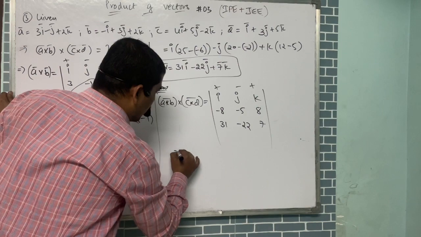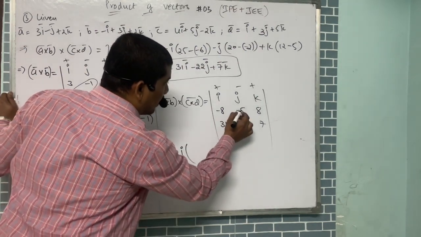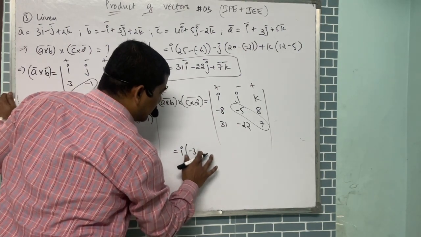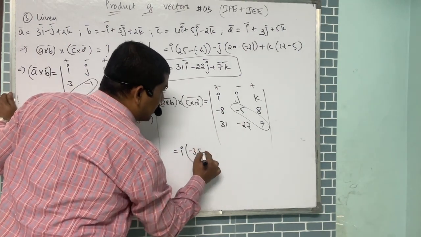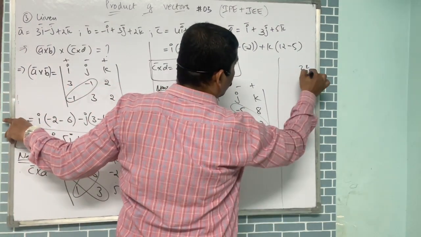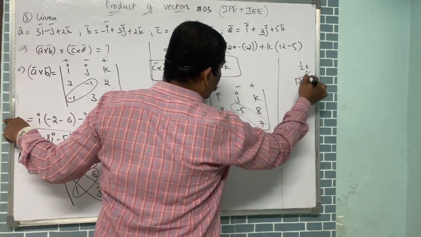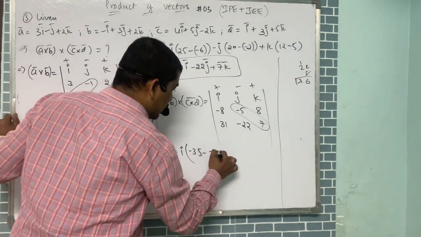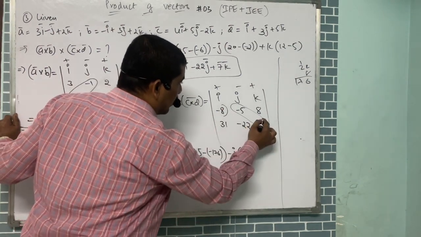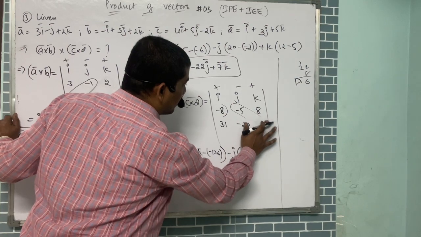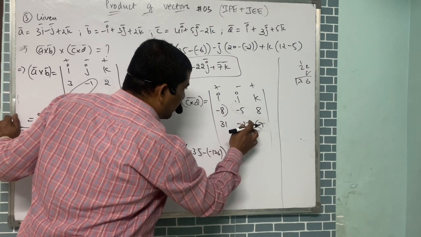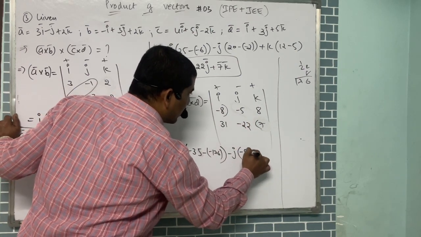So I, AD minus 35. 5 into 7 are 35, minus as it is. Minus BC 22 into 8. Here we need rough work. 16, 16, 17. So minus 176. Minus J, AD. 8 5 are 40, 48, 56, minus 56.